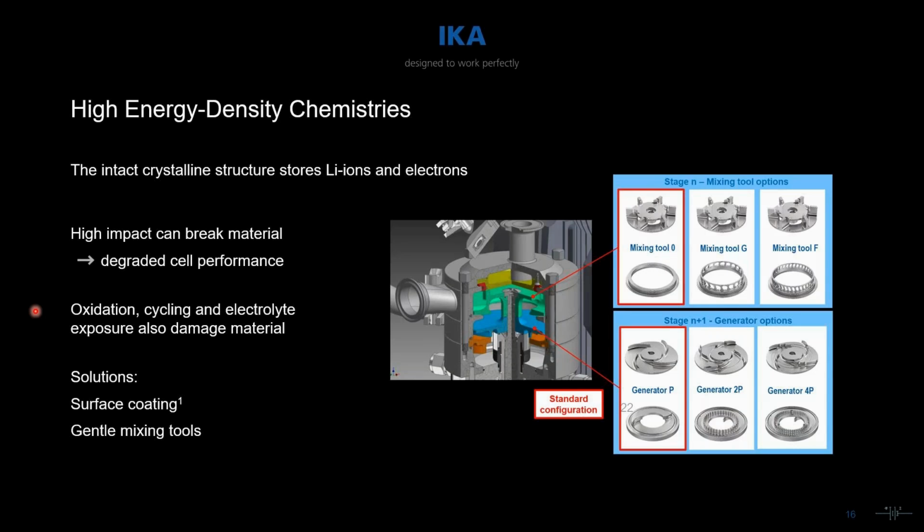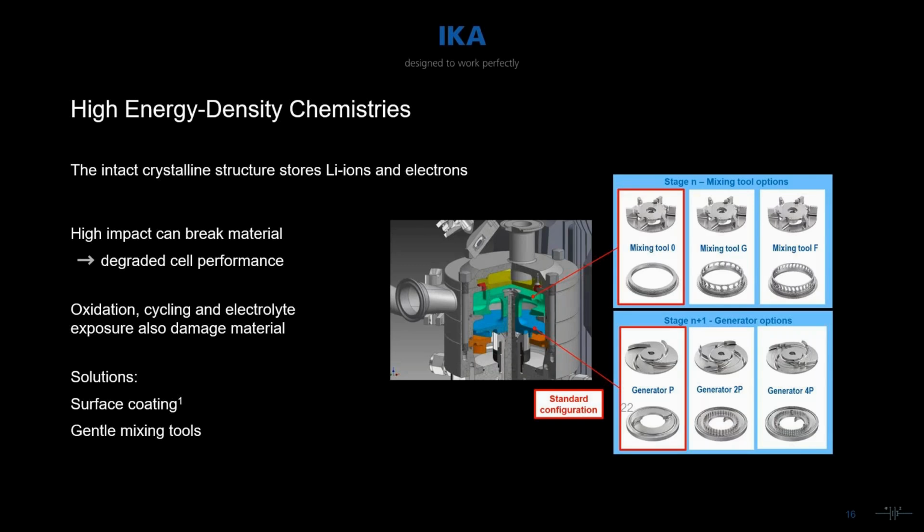For the oxidation, cycling, and electrolyte exposure, there are some surface coatings that you can apply to your active material that will actually reduce these side effects between your oxides and your atmosphere or your electrolyte. And I'm happy to chat about that offline as well.